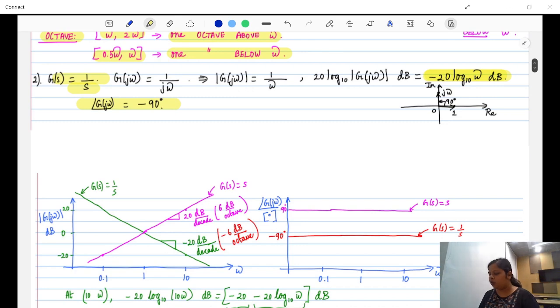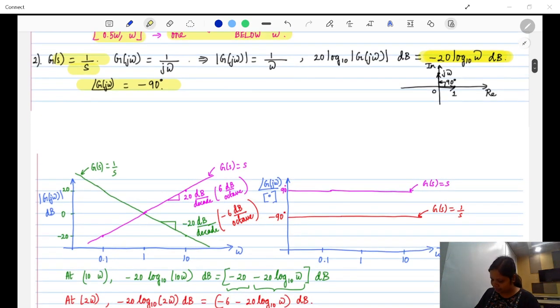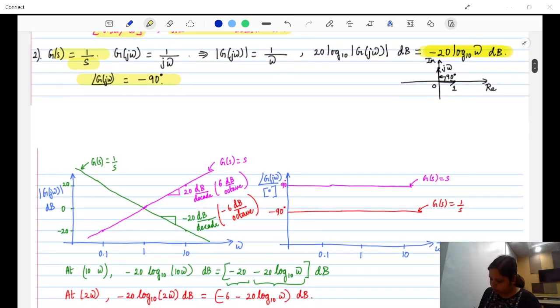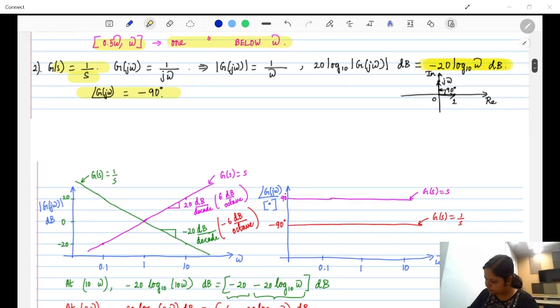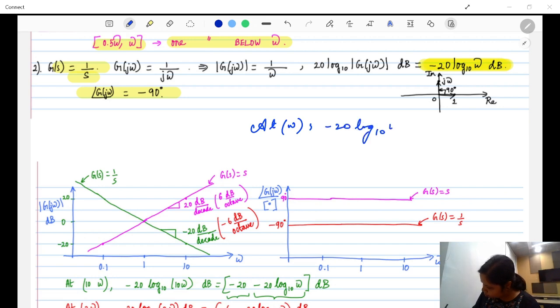So if you are told to plot the magnitude, how would it look? I'll explain only for this one. Let's say we need to check at omega. At omega, the magnitude would be equal to minus 20 log omega dB, right? Now, if you're asked to check at 10 omega, what would happen?